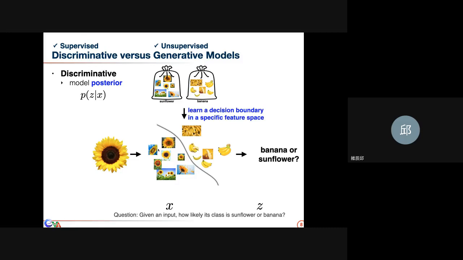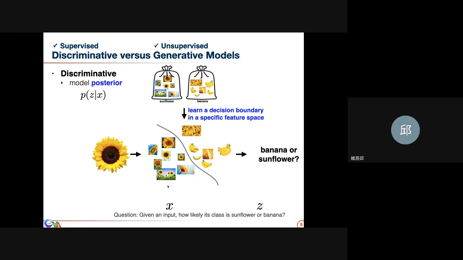Such a procedure is trying to model the posterior, right? Because given the data X, given your observation, I want to predict what the class Z is. So the basic idea of the discriminative model is to model the posterior probability.